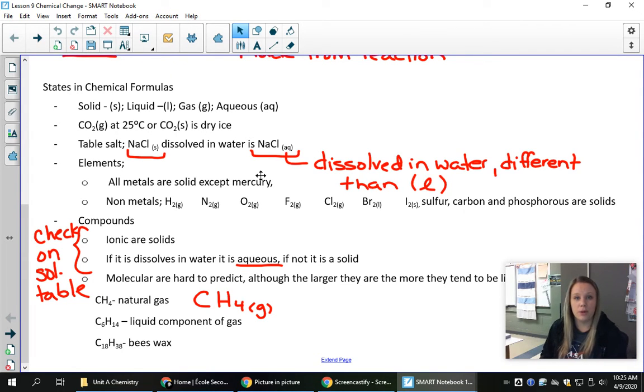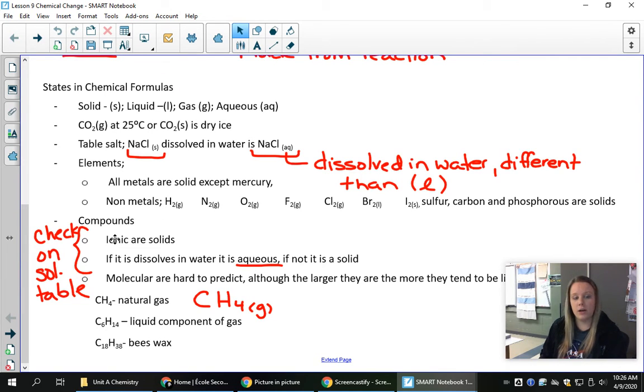For example, there's only a couple boxes on the periodic table that are black because there's only a couple elements like mercury that are going to be liquid at room temperature. Most other boxes are just white, meaning they're solids. And then we have some things that are gases at room temperature, like some of these nonmetals: hydrogen gas, nitrogen gas, oxygen gas, etc.